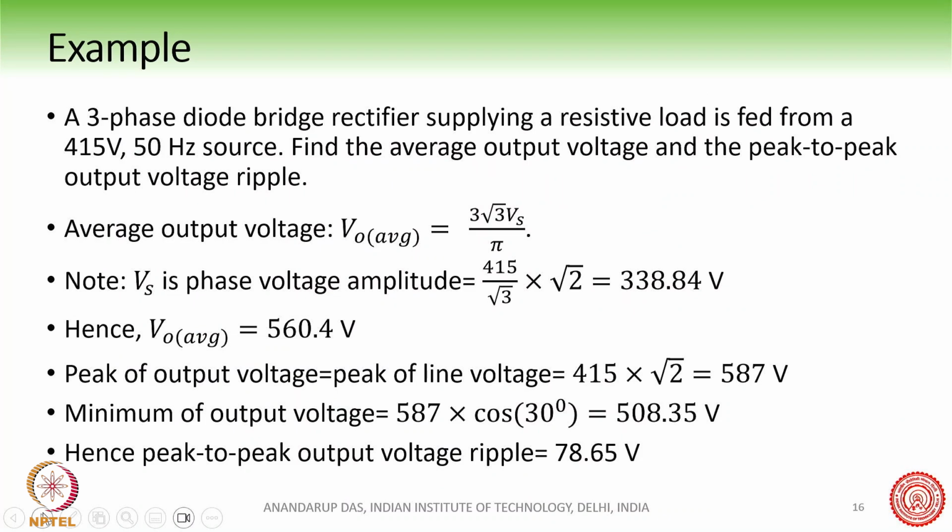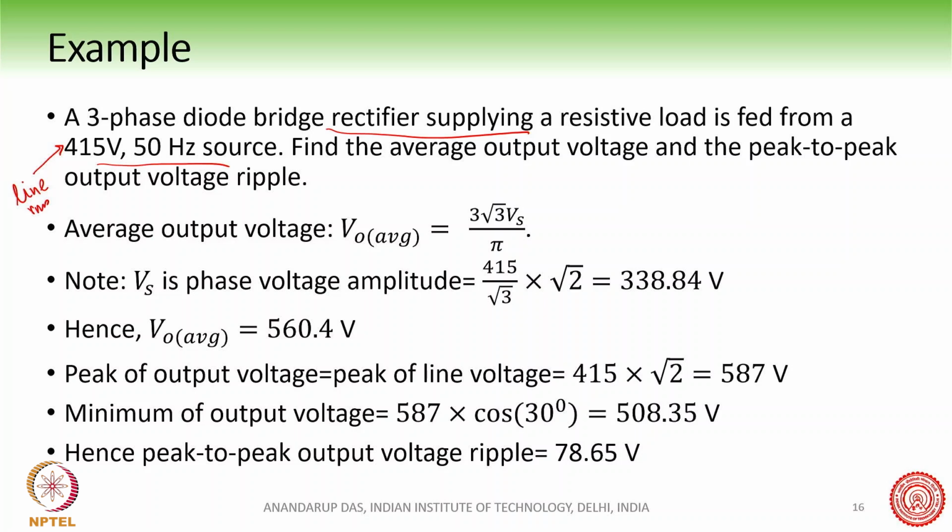So let us take a small example with a three-phase diode rectifier. There is a three-phase diode bridge rectifier supplying a resistive load, and this voltage is given. When it is a three-phase system, this always means a line voltage, the line RMS value.